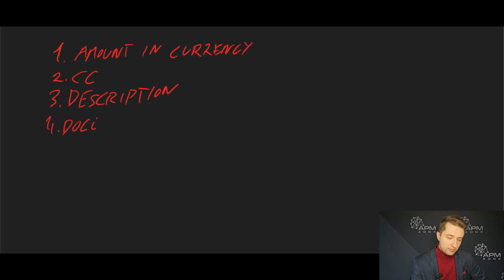Document ID. So what is the ID of the invoice or the receipt, the object in the system itself. So in the end, you are able to bring the file in and look at it. The line item ID.